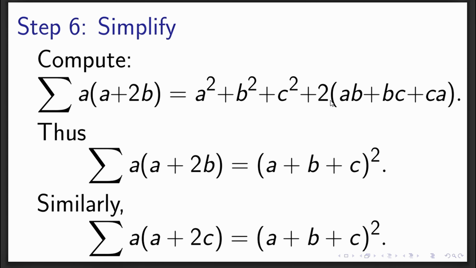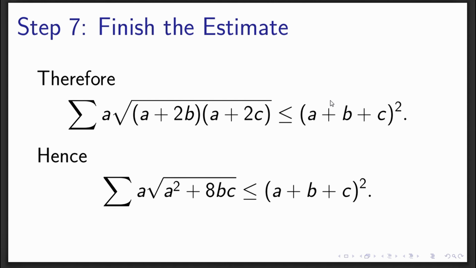This means we have summation a into a plus 2b will be equal to a plus b plus c whole square. Similarly, summation a into a plus 2c will be equal to a plus b plus c whole square. When we substitute the value, we are going to get summation a into root of a plus 2b into a plus 2c is less than or equal to a plus b plus c whole square.